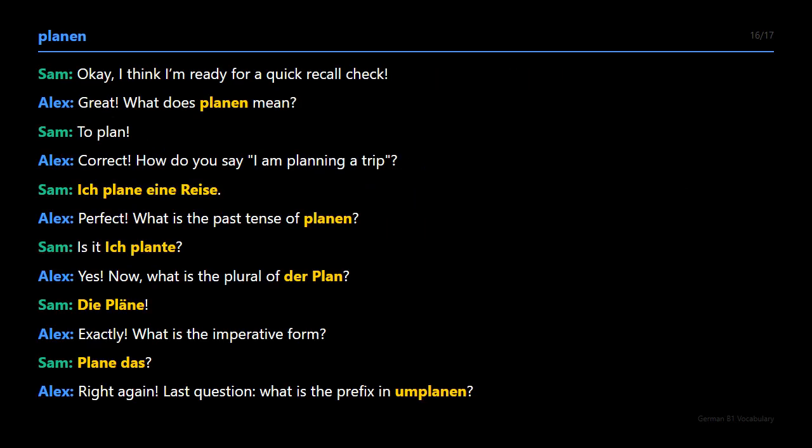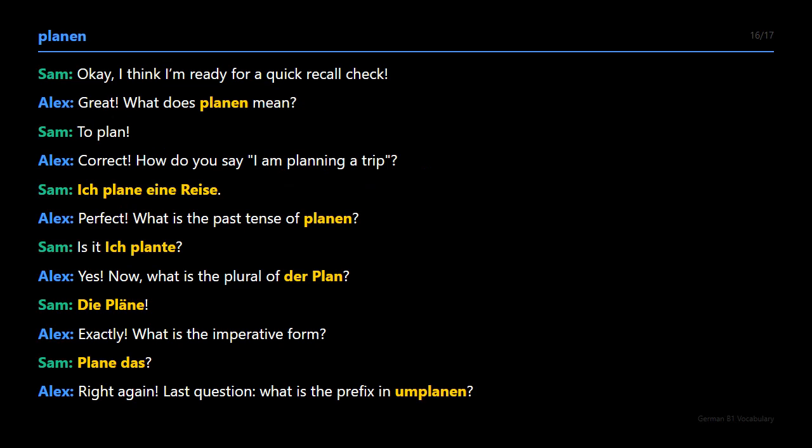Okay, I think I'm ready for a quick recall check. Great. What does planen mean? To plan. Correct. How do you say I am planning a trip? Ich plane eine Reise. Perfect. What is the past tense of planen?